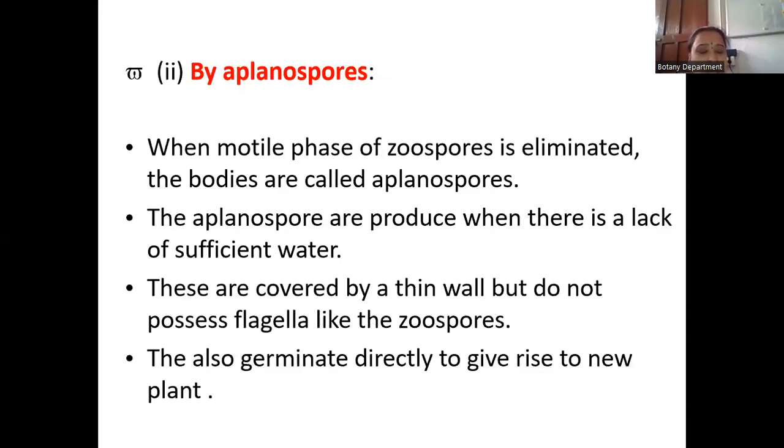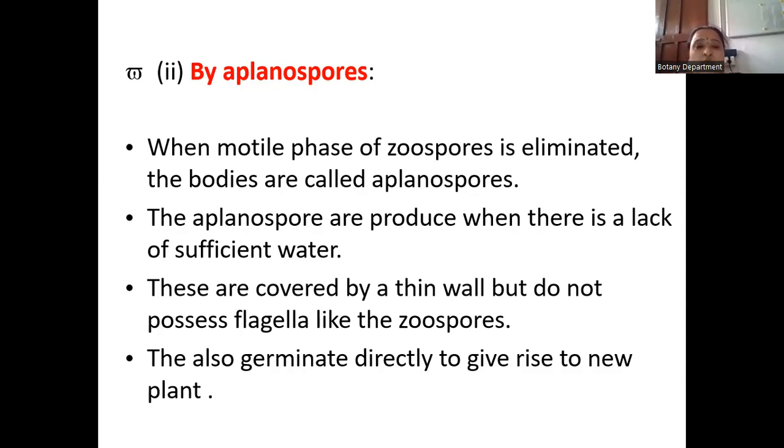Coming to the second asexual reproduction type, aplanospore. When the motile phase of the zoospore is eliminated, the bodies are called aplanospores. Listen carefully: you can observe the motile phase of the zoospore, and when that motile phase is eliminated, the bodies are called aplanospores. These aplanospores are produced when there is a lack of sufficient water.